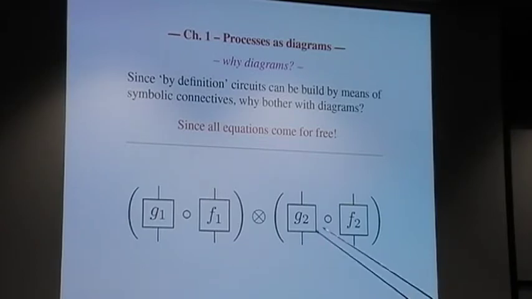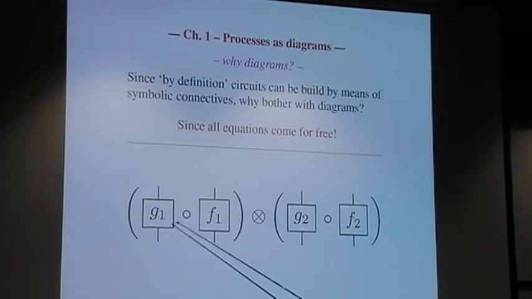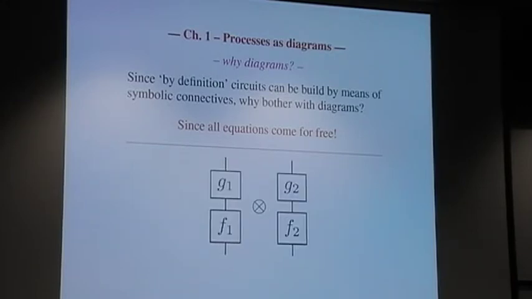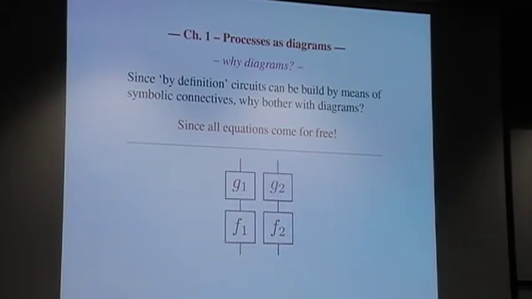We have to put this behind this, and this behind this. We get this. And then we just drop the tensor symbol. And we get this. Have a look. We go back. Have a look. It's the same. Right? It's the same. So two completely different symbolic expressions become the same diagram.